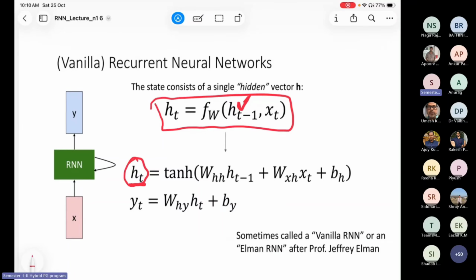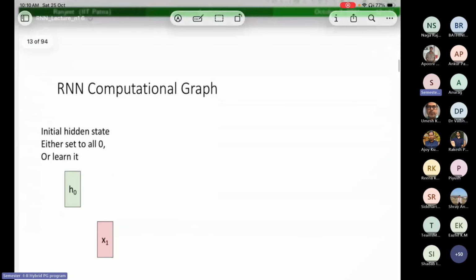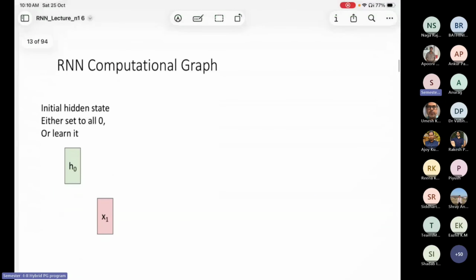Okay, so for the output, take the st, and Why is the fully connected layer. So take this as an input, multiply with the fully connected layer, add the bias, and get the output. It's a very simple equation. Let us see this with the computational graph.